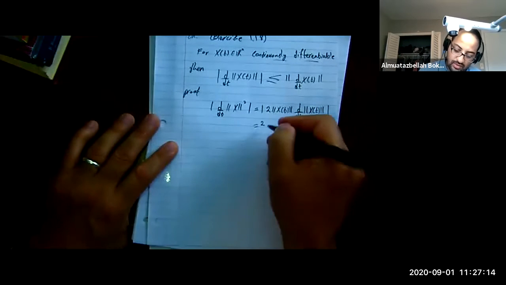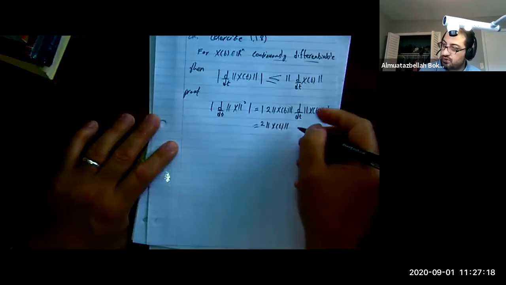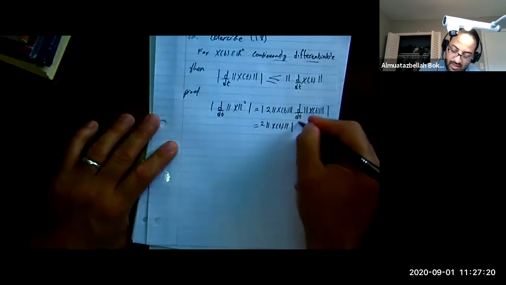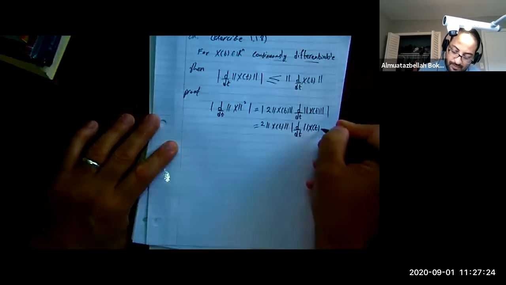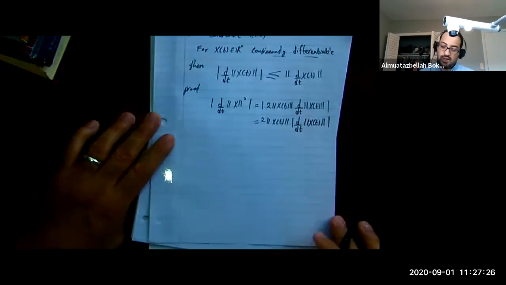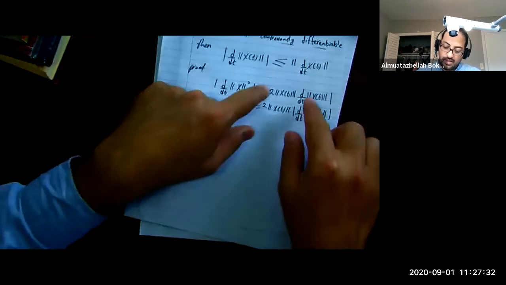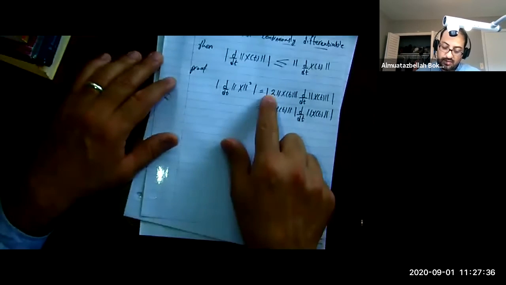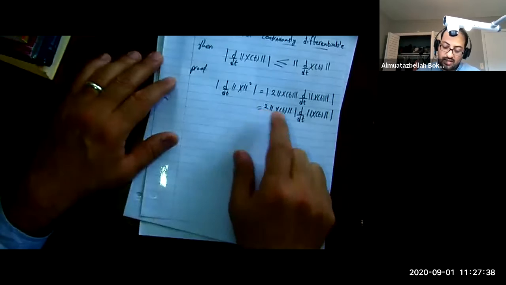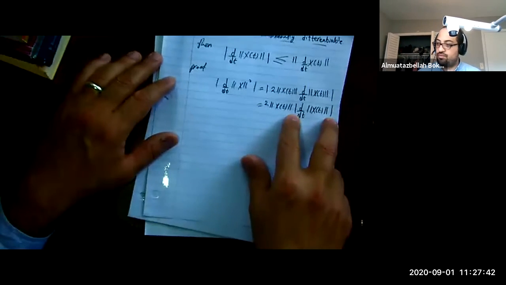Also I can say that this is the norm of x of t, times the magnitude of d over dt of the norm of x of t. Okay, so I can go from here to here because this is positive, so I can take it outside. This is positive, I can take it outside, and I will be left with this one.